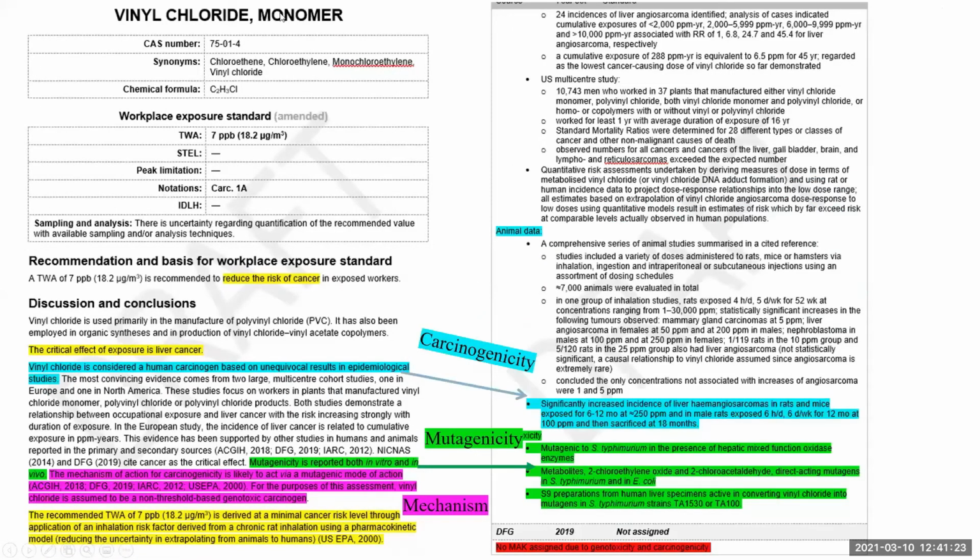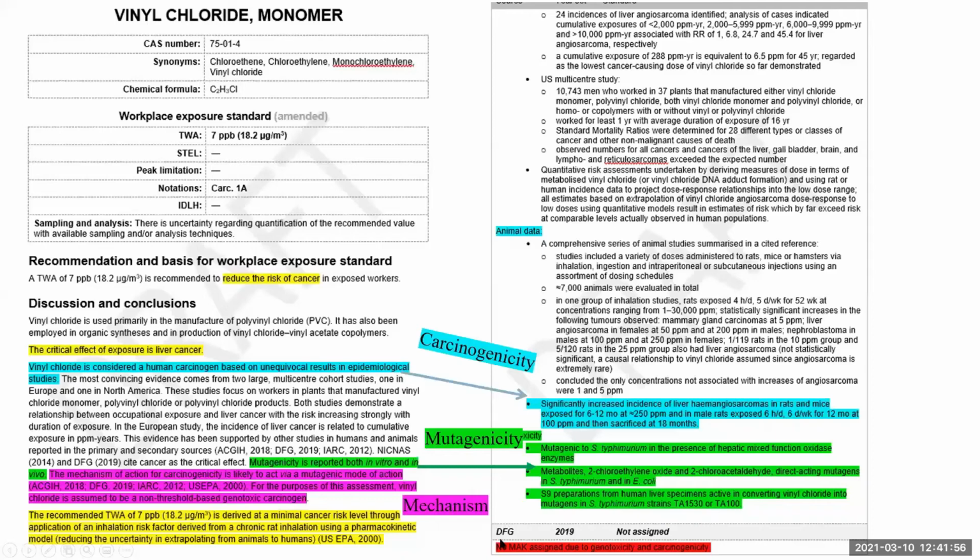This is the same cover page for vinyl chloride. This is the follow-on from the ACGIH appendix, and here's the animal data. There was even evidence within animals to say yes, it causes liver cancers, sarcomas. Here's the mutagenicity data, evidence here. I won't go into them too much, but there was evidence that it was a mutagen, and there was no evidence to the contrary as to its genotoxic mechanism.